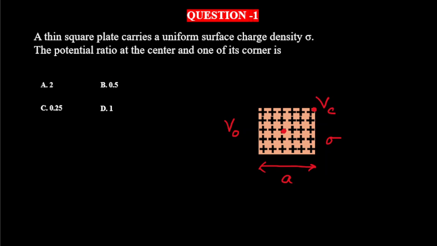In this question, it has been asked that if we take the ratio of these two potentials, V0 by VC, what will be the ratio?